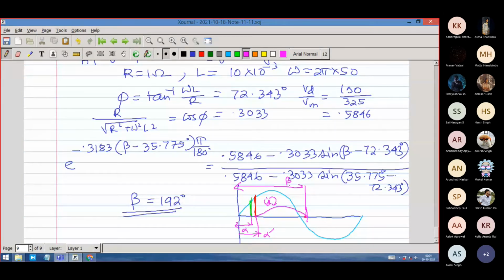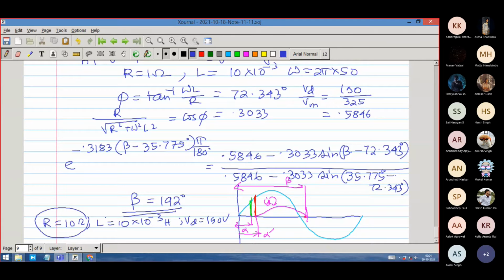Similarly, from common sense now, you can put R equal to 10 ohm, keeping the other values the same: 10 into 10 to the power minus 3 henry, and Vd equal to 190 volts. The only change is in the resistance.